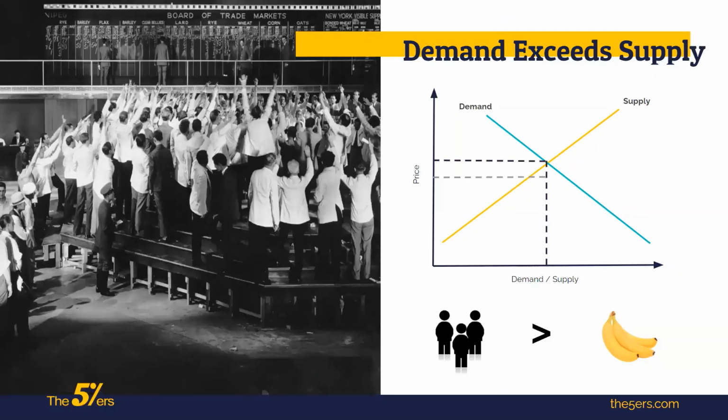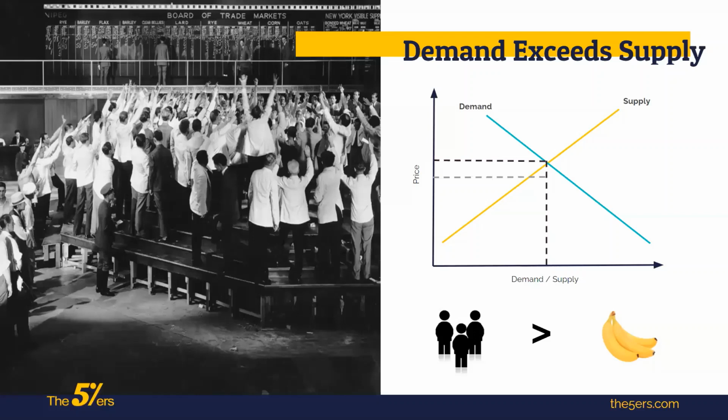And then we have the next scenario where more people are willing to buy limited supply. This means demand exceeds supply, right? So what happens when there are more people asking for limited stock?